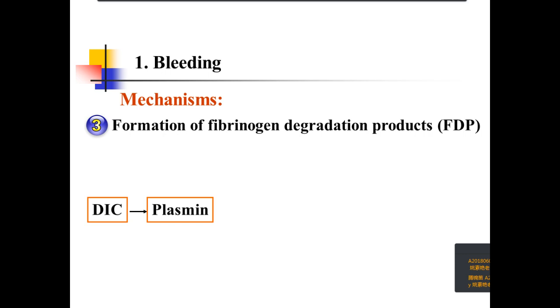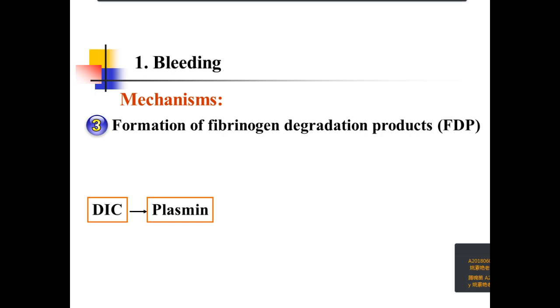What is the first? Secondary refers to the coagulation system being activated first, and next the fibrinolytic system is activated.